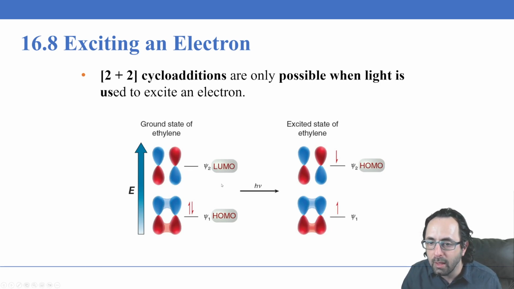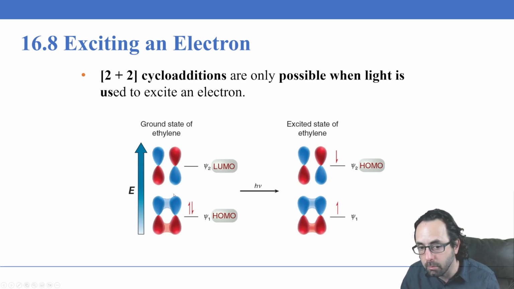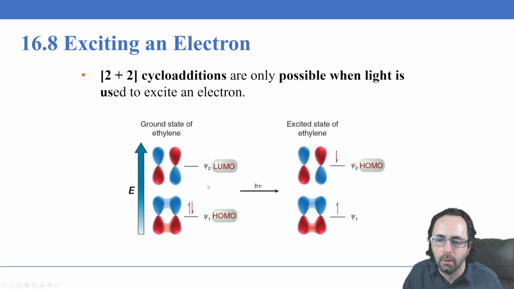We'd have to have the HOMO of one ethylene be able to overlap with the LUMO of the other ethylene, and that will not occur because the lobes are not aligned here.